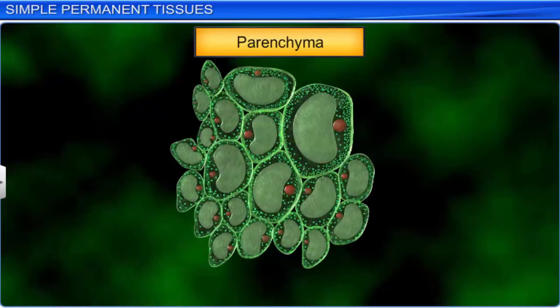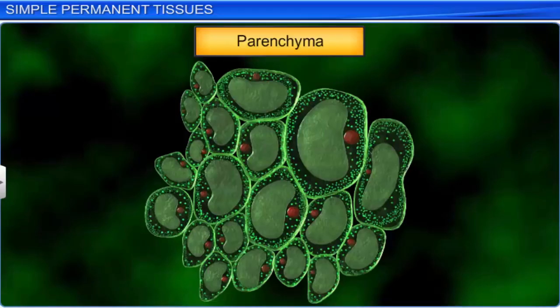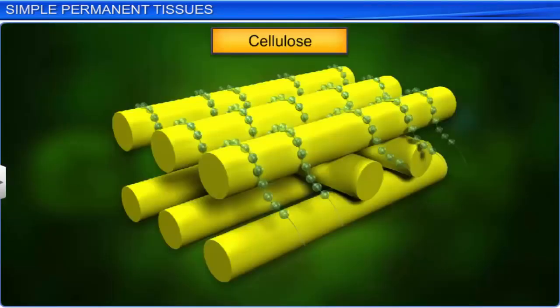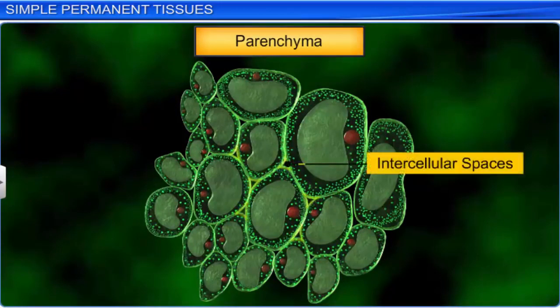Parenchymatous cells are of different shapes, such as sphere, oval, round, polygonal, or elongated. The cell walls are thin and made up of cellulose. Parenchymatic cells may be closely packed or have small intercellular spaces between them.